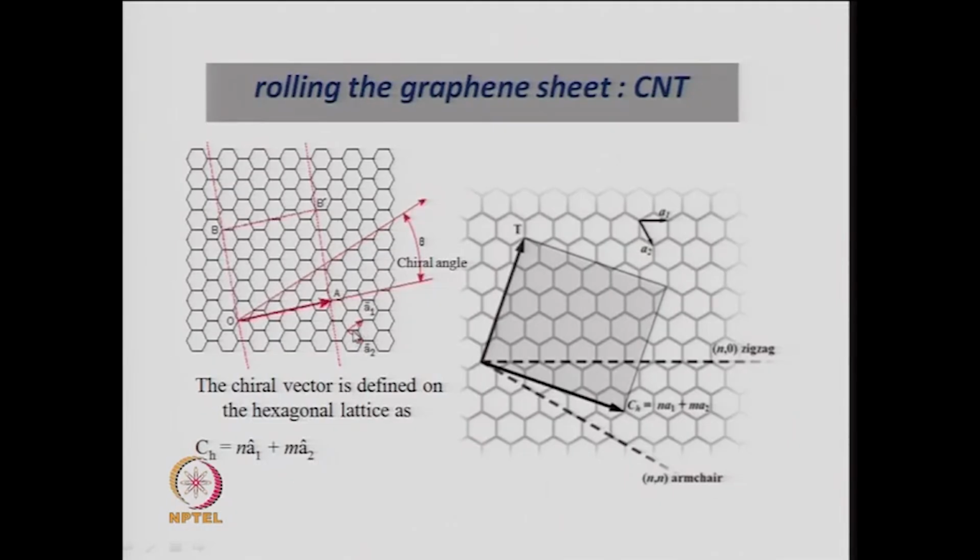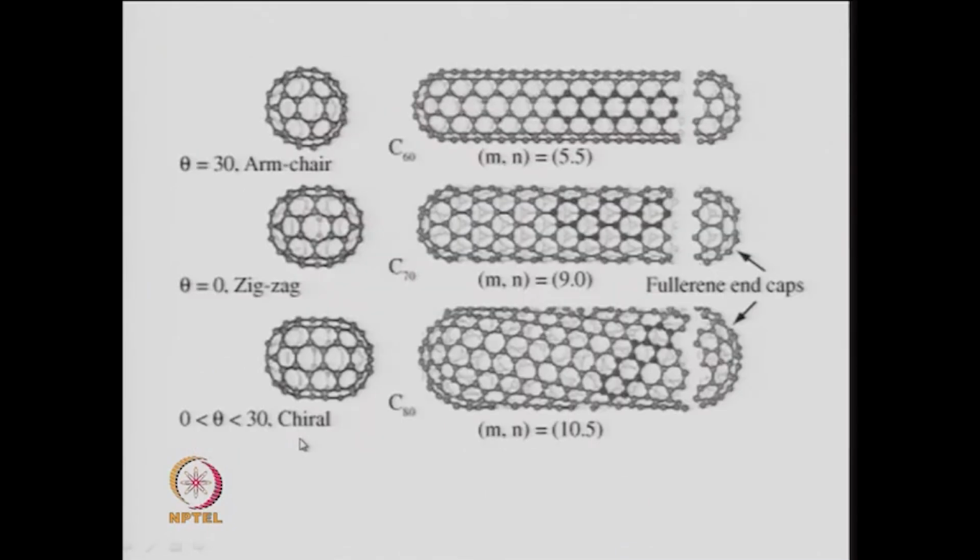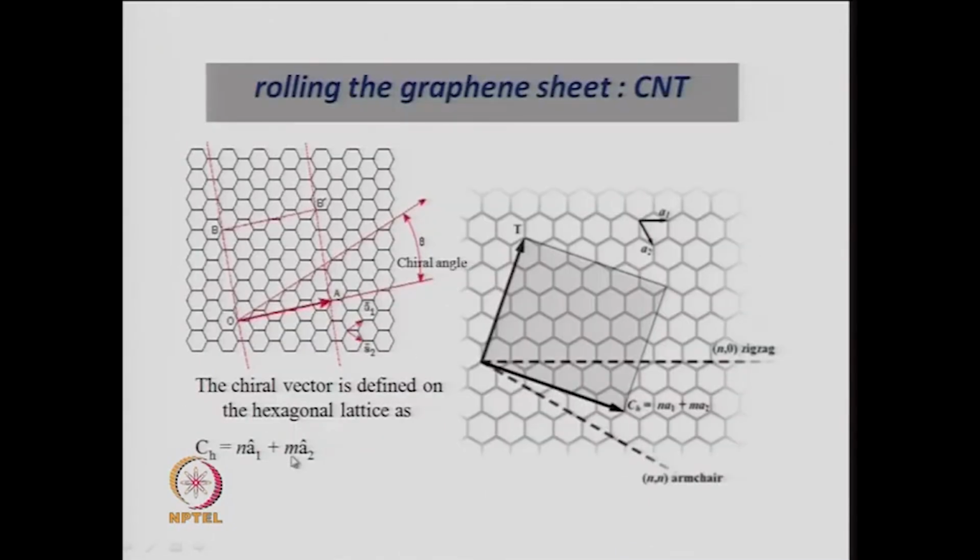If this is a1 and this is a2, based on a hexagon you can define these two vectors, and then you change the coefficients. If n is, for example, 2, then the length of this vector will become twice that of a1, and if m is 3, then it will be thrice this vector, and then you get the resultant vector.